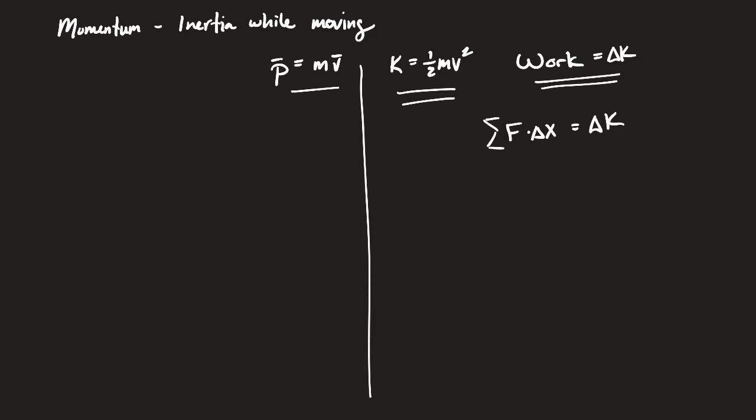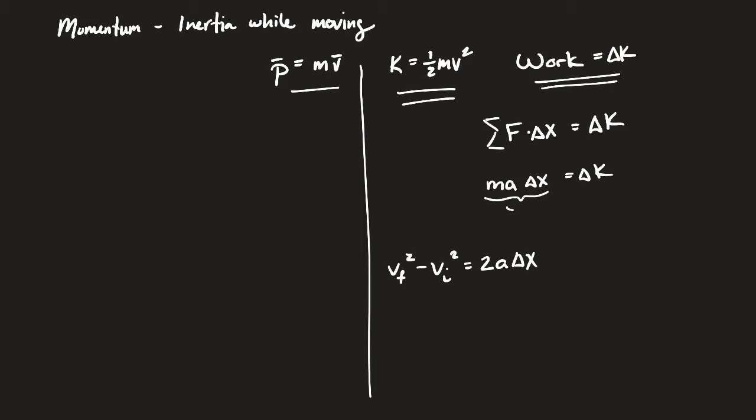If there's an unbalanced force acting on an object, then we know the object is going to accelerate. And because it's accelerating, we knew that we could use a motion equation to describe this. We remembered that v final squared minus v initial squared equals 2a delta x.